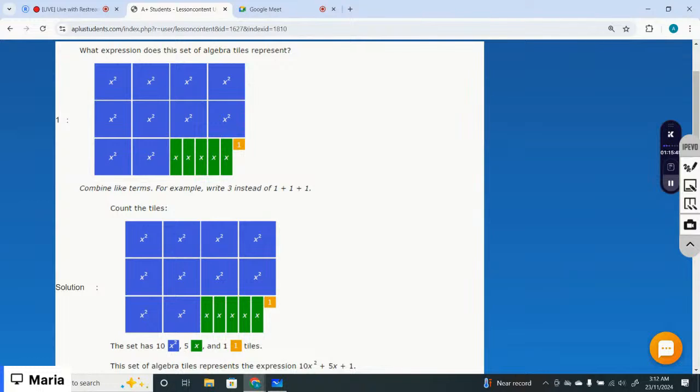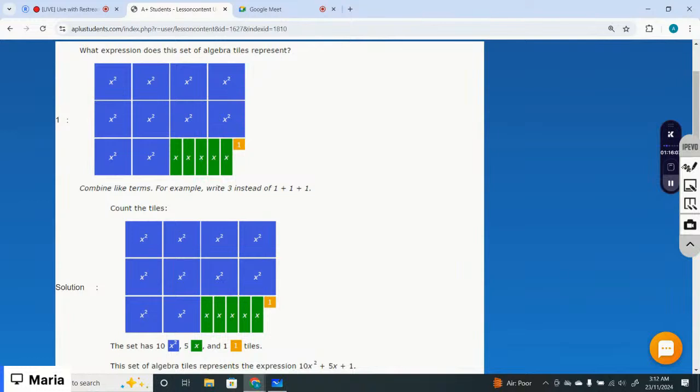So, which is the correct option? Let's just see how many x square we have. 1, 2, 3, 4, 5, 6, 7, 8, 9, 10. That is 10x square. Then you have 1, 2, 3, 4, 5x. So 10x square plus 5x and plus you have only one tile.